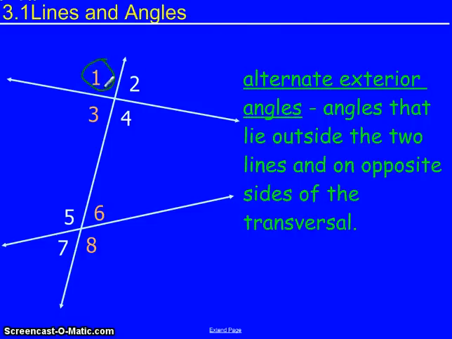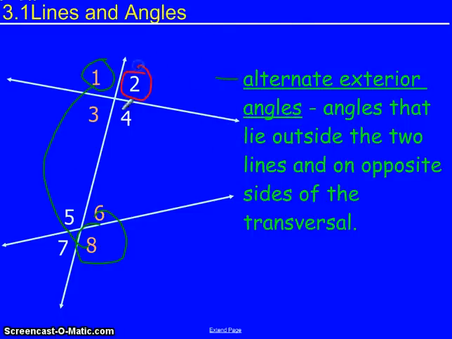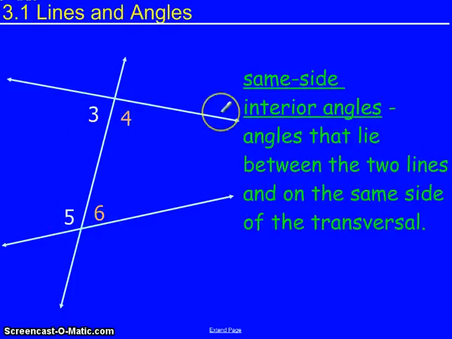So we've got angles 1 and 8 now are going to be alternate exterior angles. Also, there's one more pair which would be on the outside, which would be the 2 and the 7. So those 2 would be a pair of alternate exterior angles.